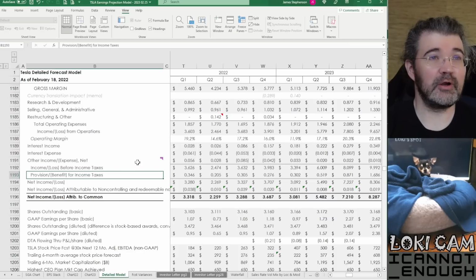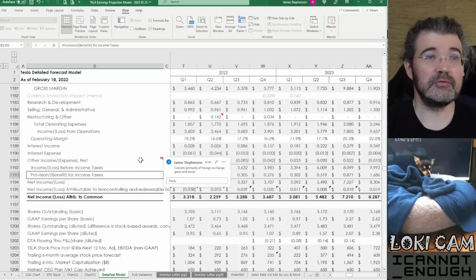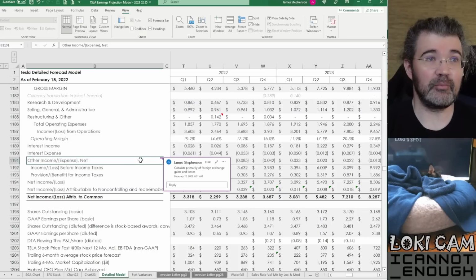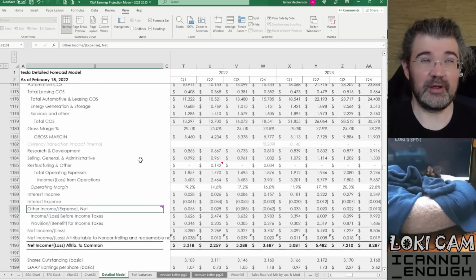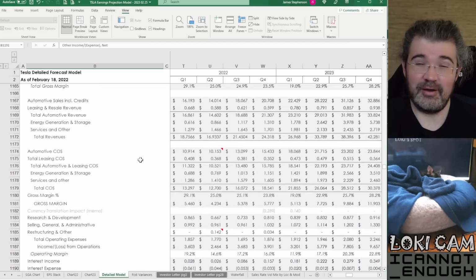So that foreign currency exchange impact hits here on the other income/expense net line. Where does foreign currency translation impact hit? All the rows.